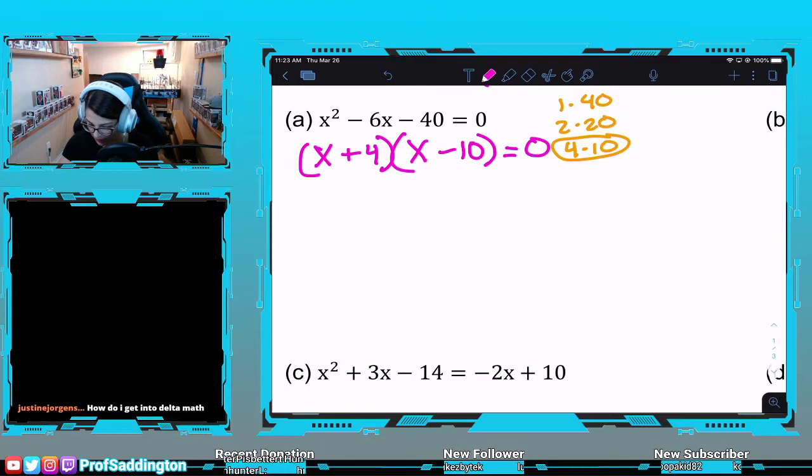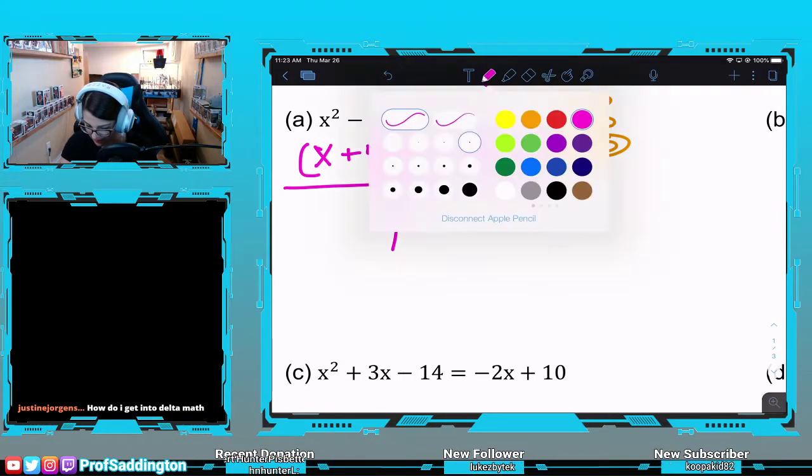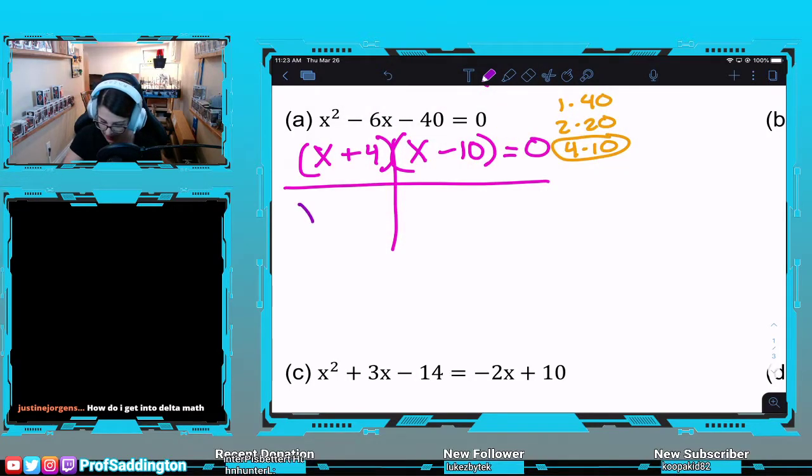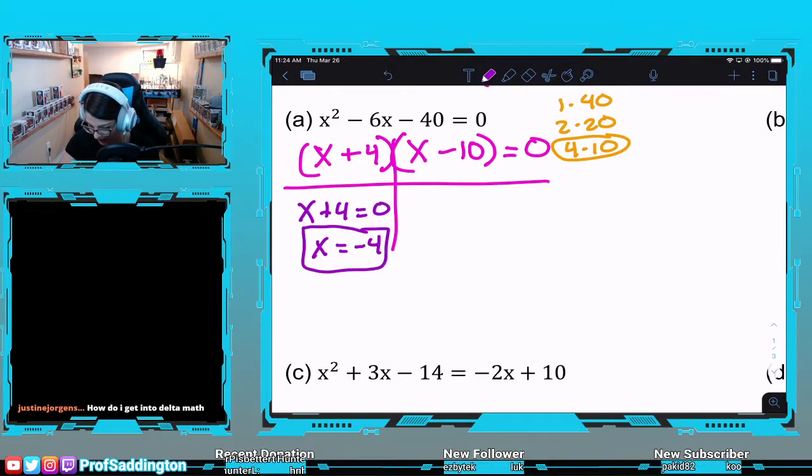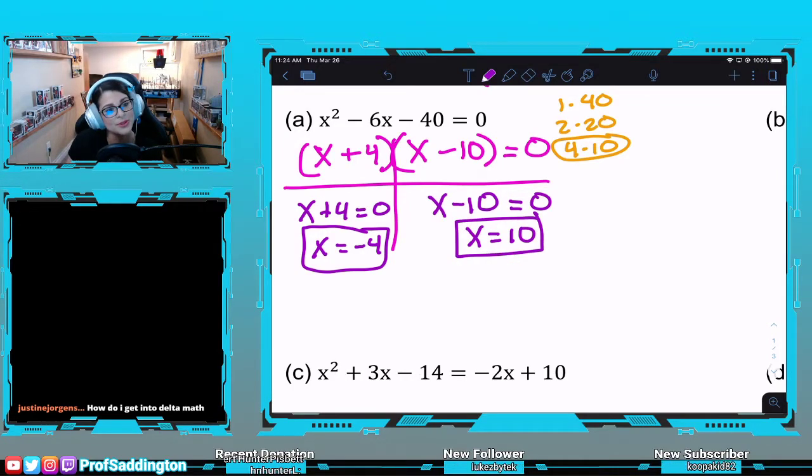And now we can drop down our t-chart just like above. So we have x plus 4 equals 0, which means x is going to equal negative 4. And over here, x minus 10 equals 0, which means then we're going to have x equals 10. And bam, those are our roots. Easy peasy.